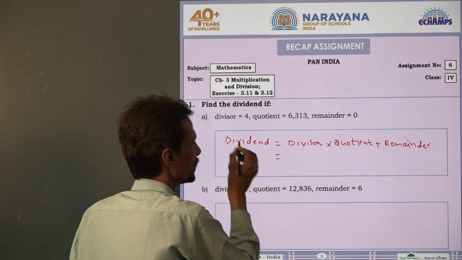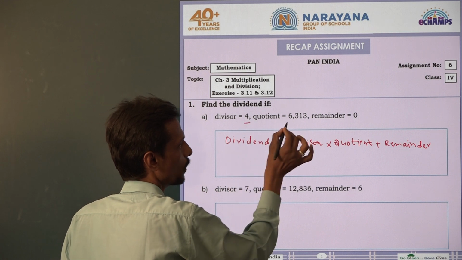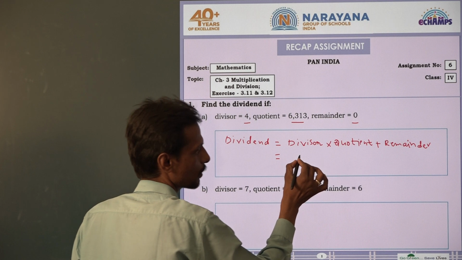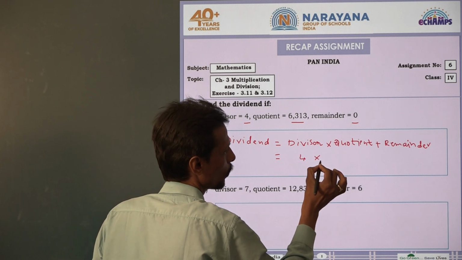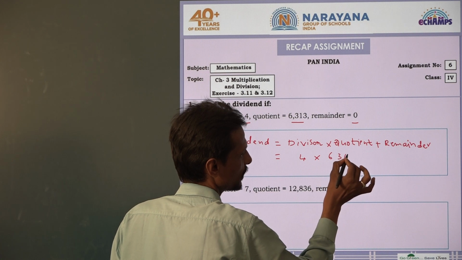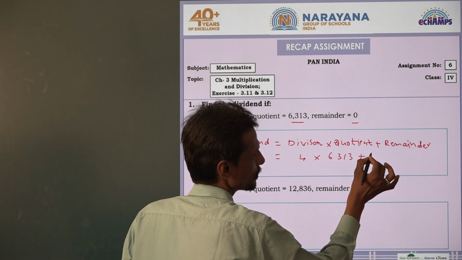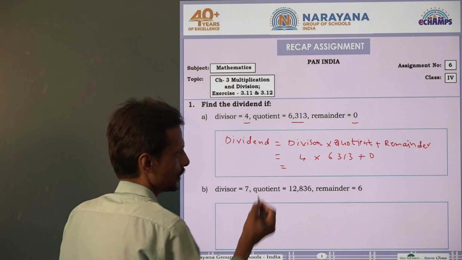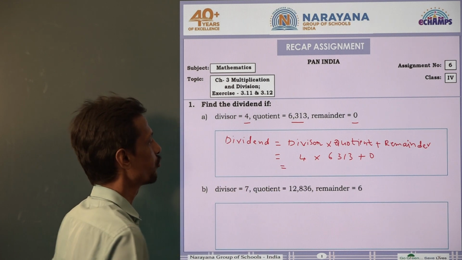Here the divisor is 4, and the quotient is 6313 plus 0. So we have to multiply with 4.